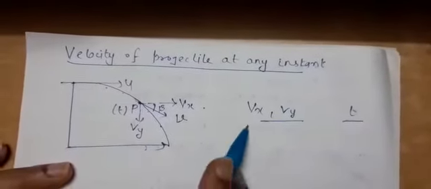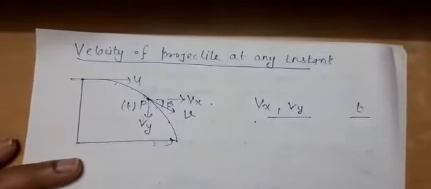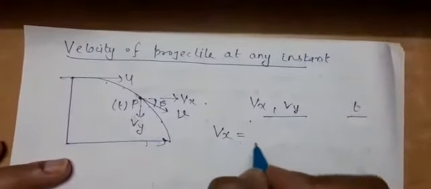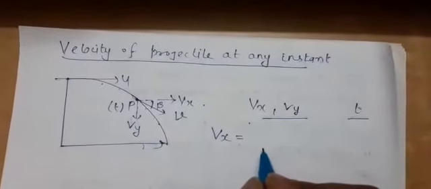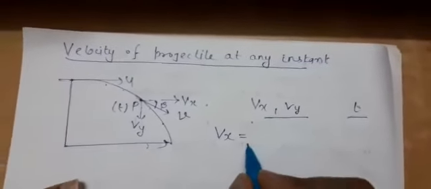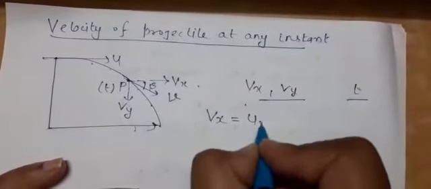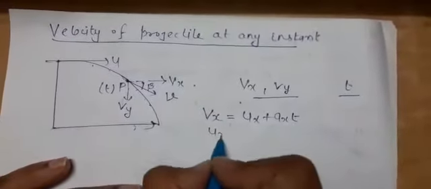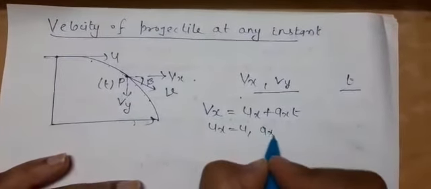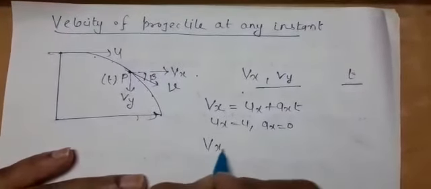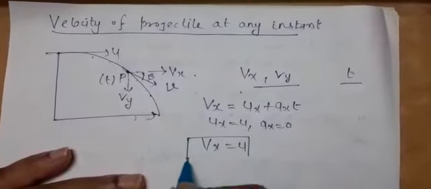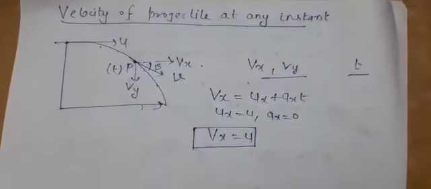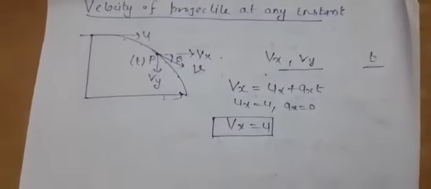We have to calculate these two values in terms of the given parameters. As we have to calculate velocity corresponding to time, we will use the equation V equal to U plus at. As Ux is U and Ax is 0, Vx will be U. Now you can see I have started from the very first point, that the horizontal component of velocity will always remain the same.